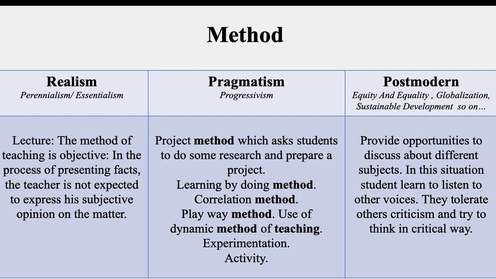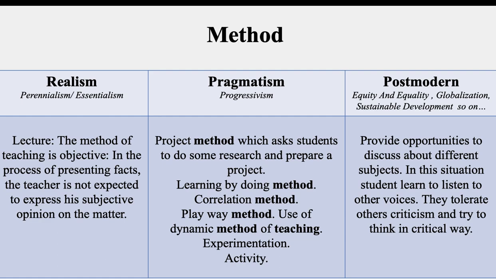So realism is actually talking about lecture, experiments, demonstration. These are among the oldest and most highly used methods by teachers, and you all know about it. Well, still we need to check it out. The method of teaching is objective. In the process of presenting fact, the teacher is not expected to express his subjective opinion on the matter. Why?